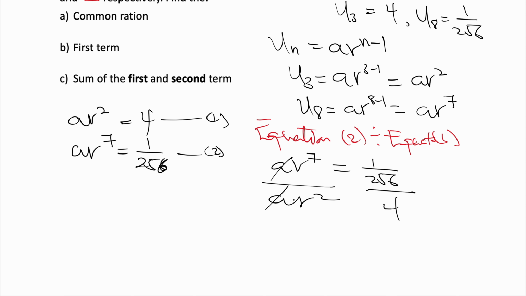Now a cancels a. We have r^7 over r^2 is equal to 1 over 256 divided by 4.